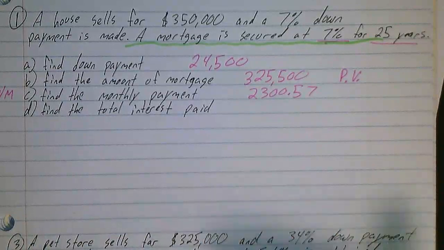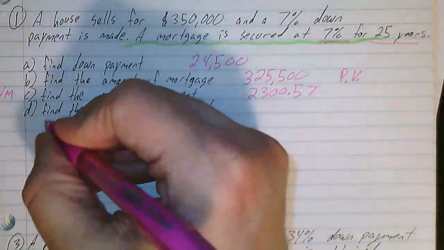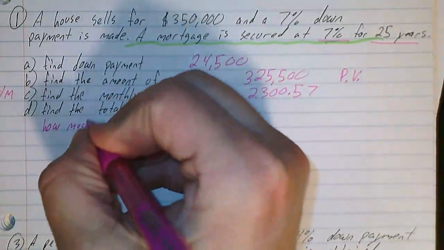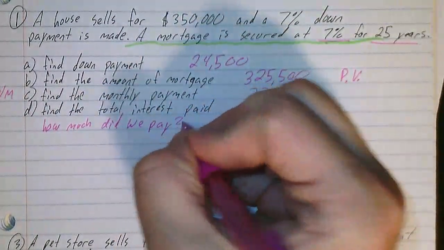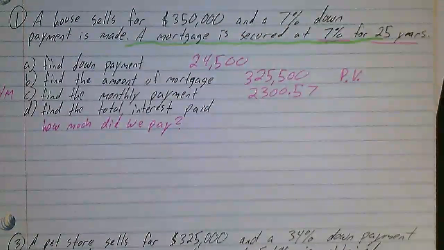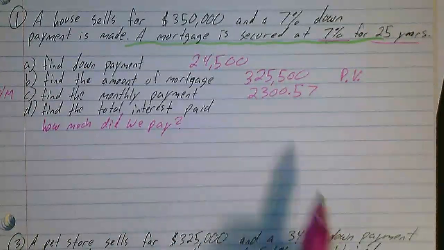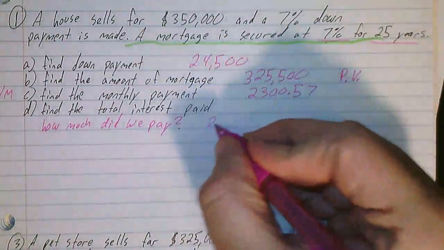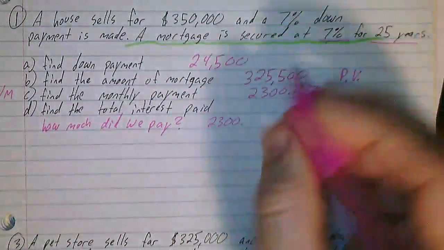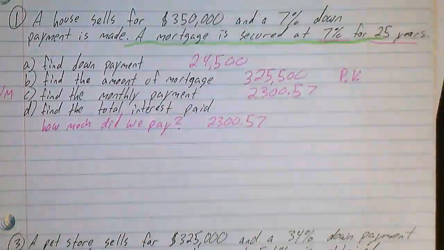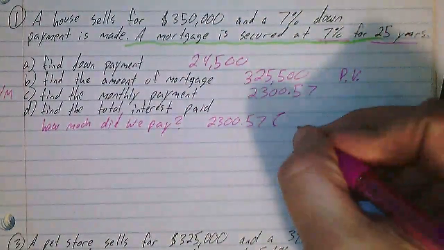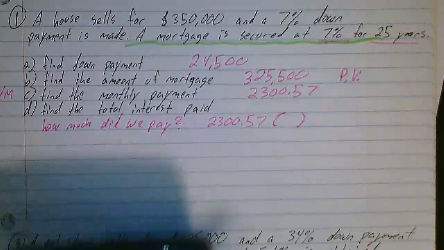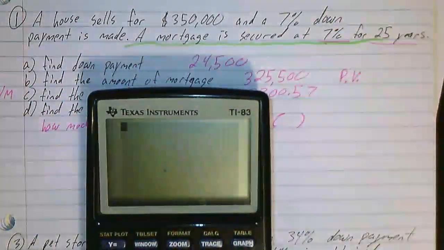So, how much did we pay? Well, after the down payment, we paid $2,357 every month for how many months was it? 25 times 12.